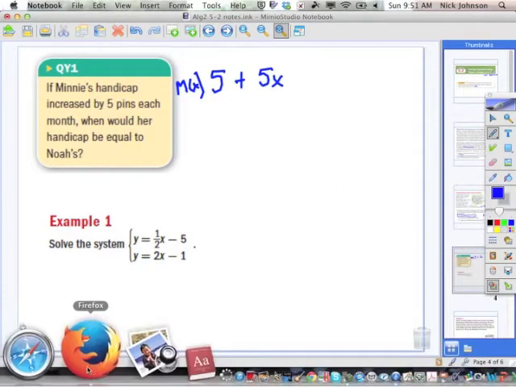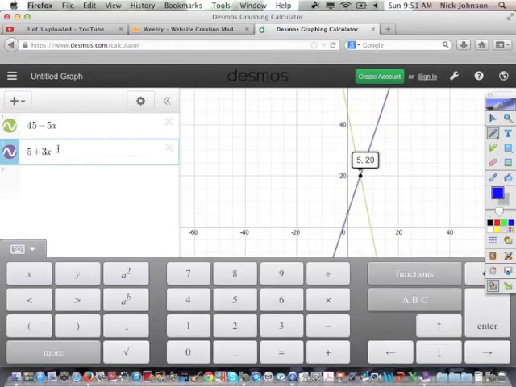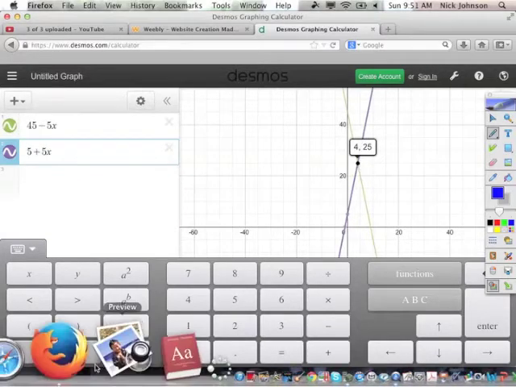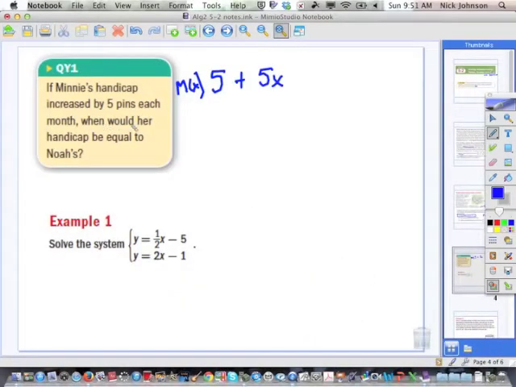So I'm going to go to my Desmos, and we're going to change this to 5 instead of 3. And now they're going to meet a little bit quicker, in 4 months. So my answer, when would her handicap be equal to Noah's? In 4 months. So just by increasing that, her handicap increased to a month where they intersect.